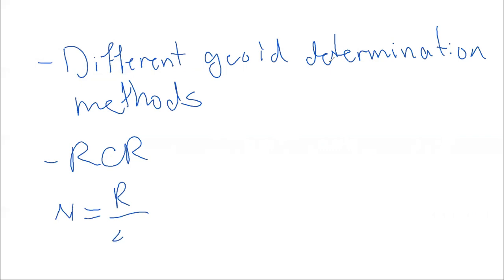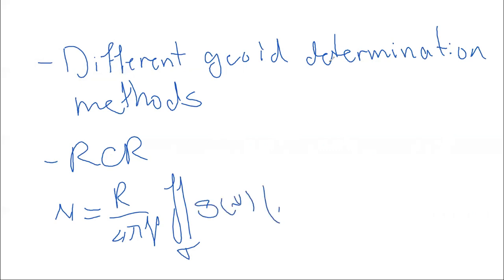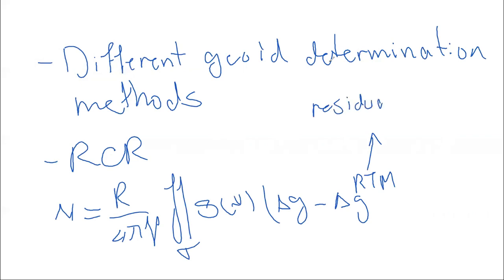So they have the Stokes integral as usual, and the gravity data inside the Stokes formula will be reduced for two things: delta G RTM, the residual terrain model, minus the gravity anomaly up to degree L from the EGM.